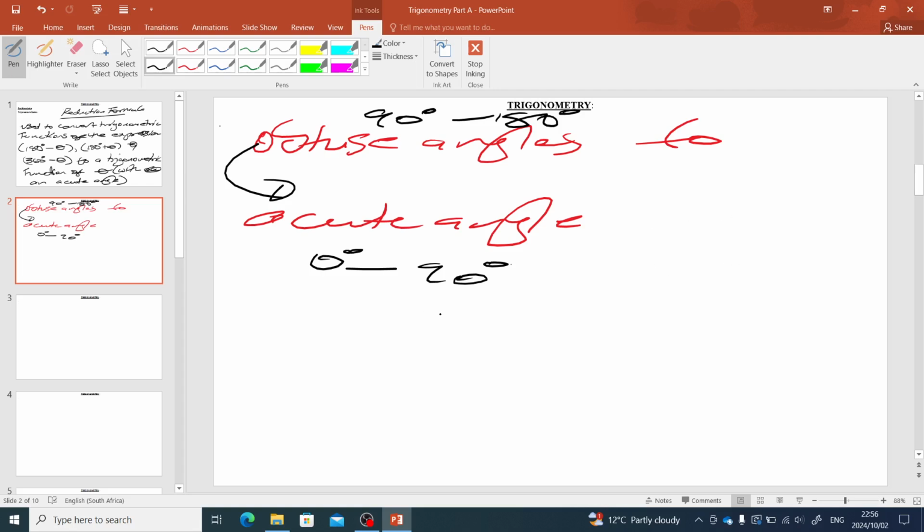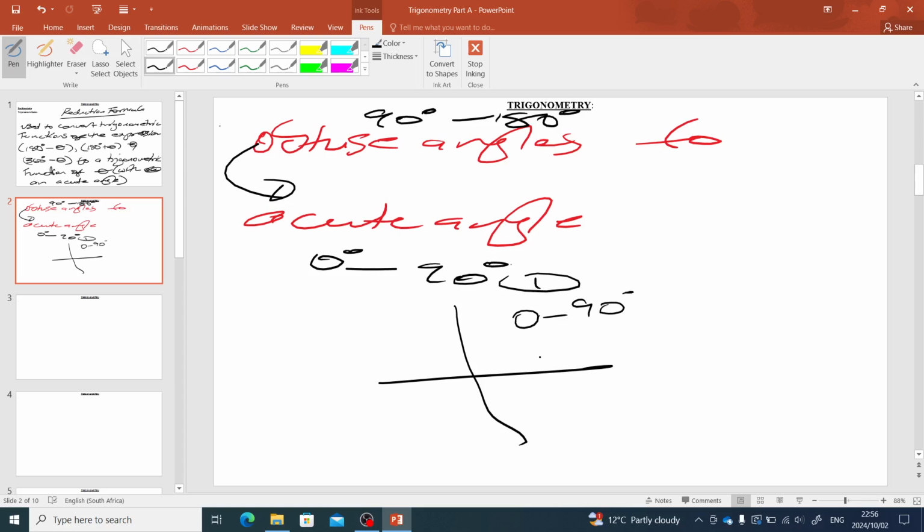Now, what is it that we know from the CAST? We know that on your first quad, it is 0 degrees to 90, or it is 90 minus. Then we know that on your first quad, already the angles are acute.